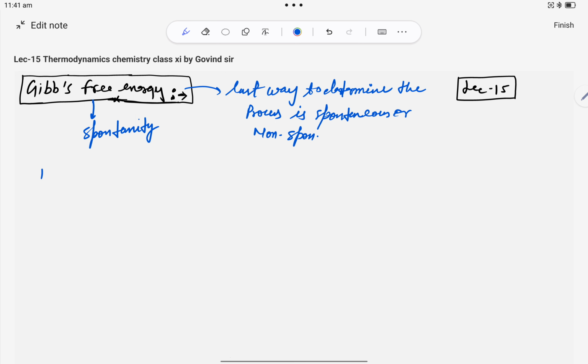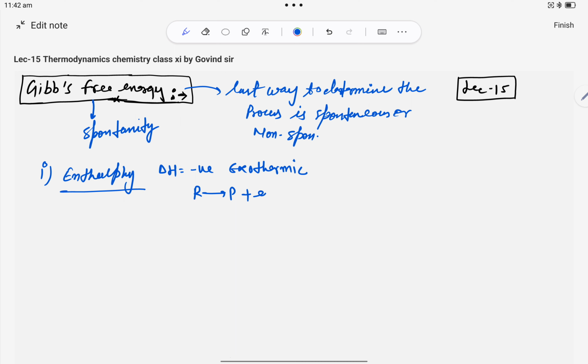We discussed two points. Enthalpy: remember, if delta H value is negative, that means exothermic, reactant to product.